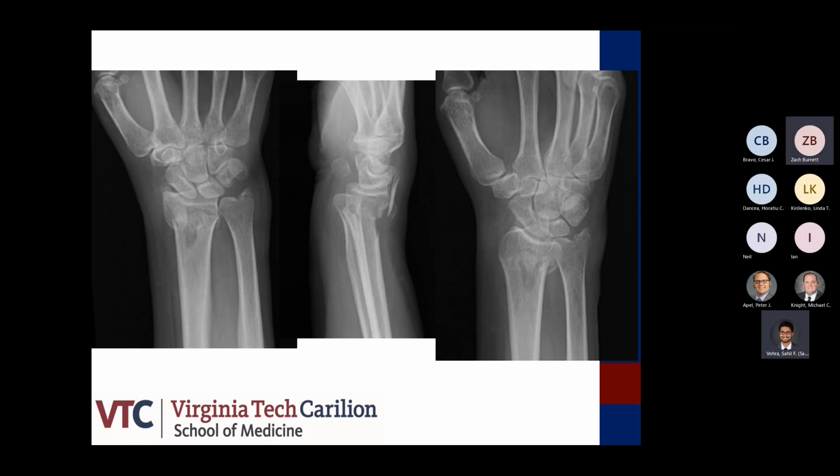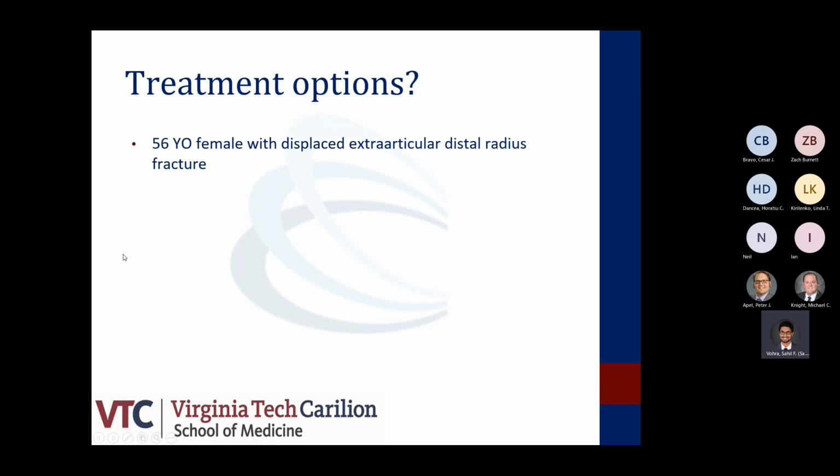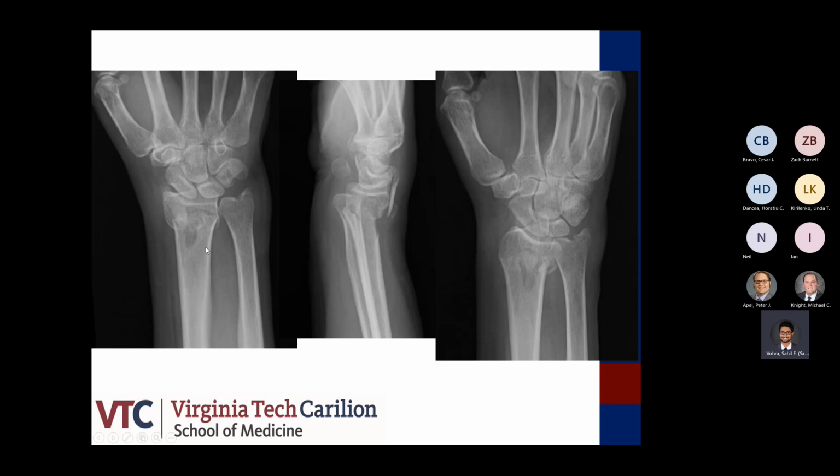Yeah. Good. So what do you want to do for this lady? So in the ED, I'd like to get a reduction to try to improve her displacement and see if I can restore some volar tilt to her distal radius. That'd be my first plan. And then what about long term? Do you think this one will stay, knowing the Lafontaine criteria?